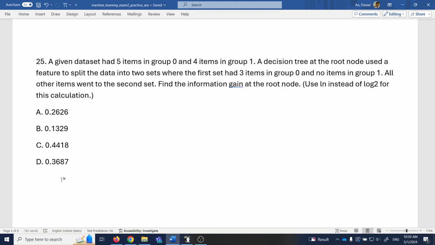So information gain is simply that you calculate the entropy before and after, and then you find the difference. That is what the root node is going to do. Okay, so let's try to figure out the entropy.